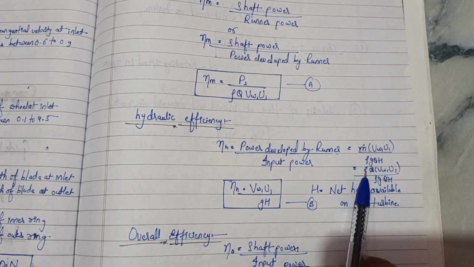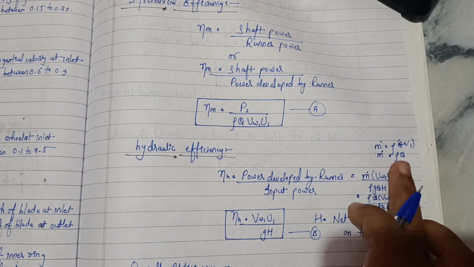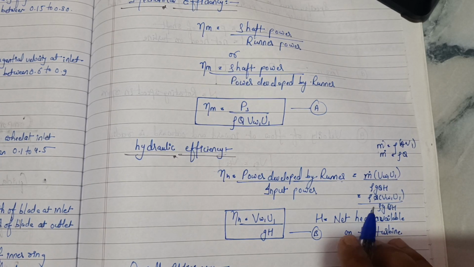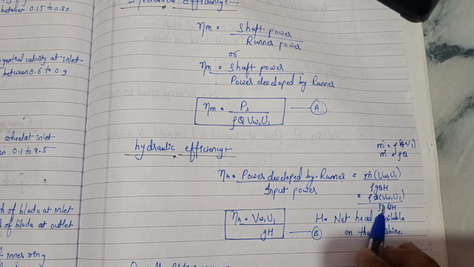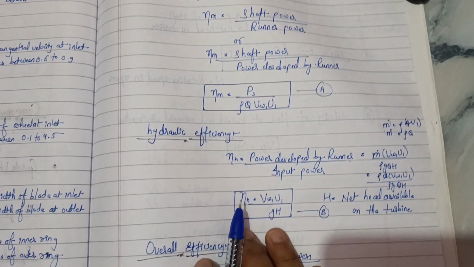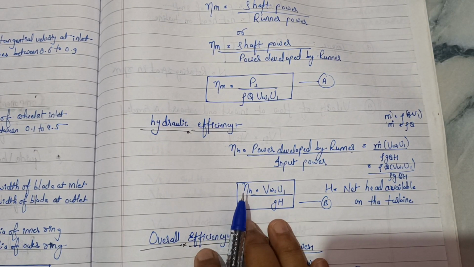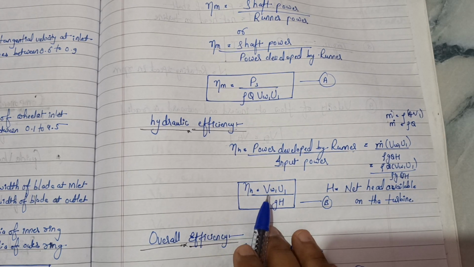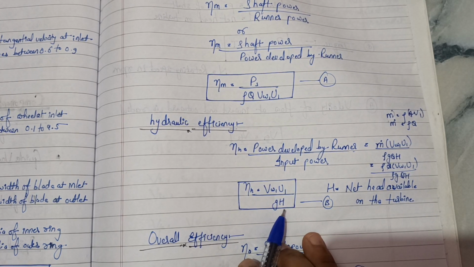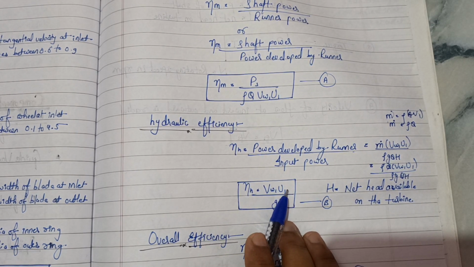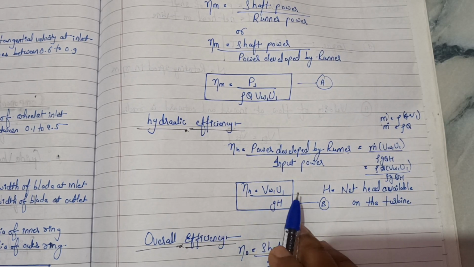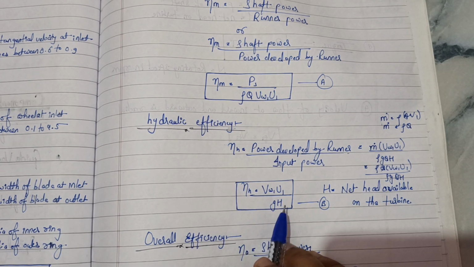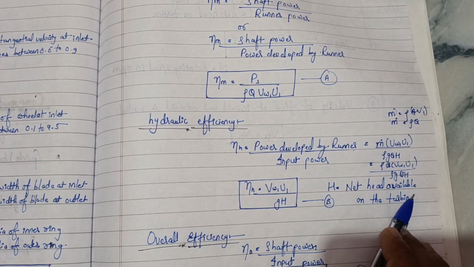So rho Q gets cancelled, and you get the formula of hydraulic efficiency, equal to Vw1 u1 upon g H. This formula is also important because you can get the value of Vw1 or u1 from it if other terms are given to you.